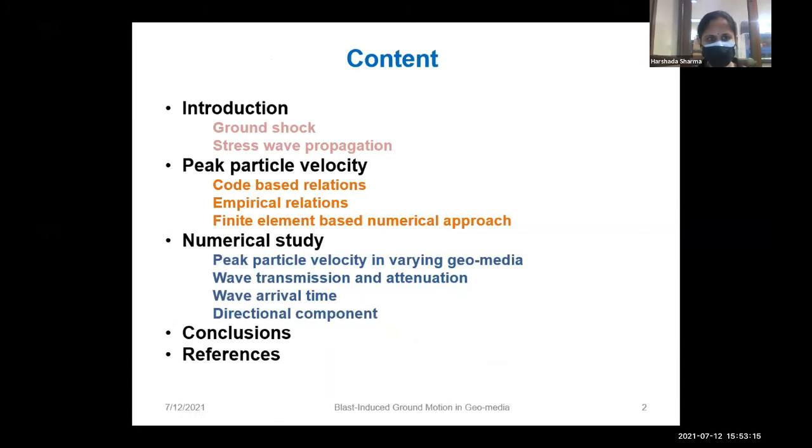And the content of the presentation would flow as the introduction. The introduction would consist of the ground shock, which is developed because of the blast, and that blast can be of various blast scenarios.